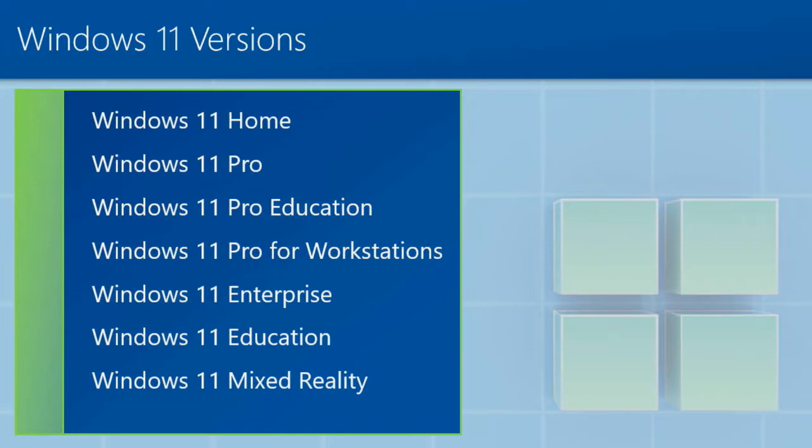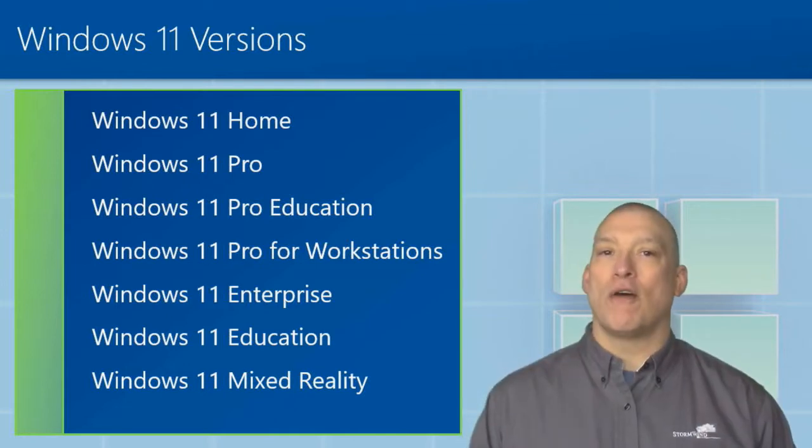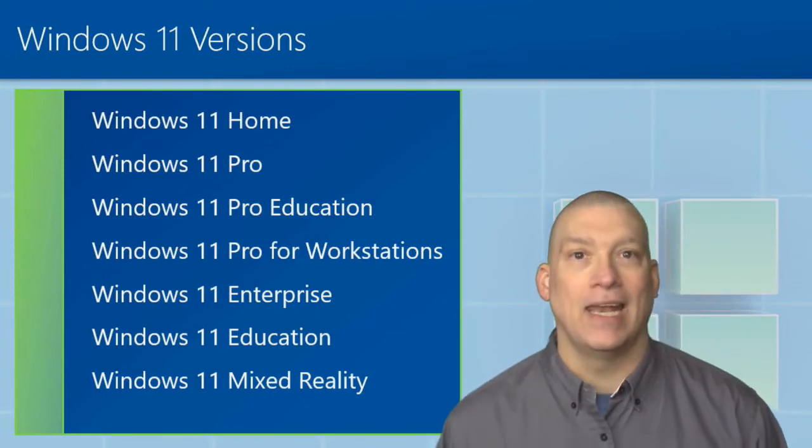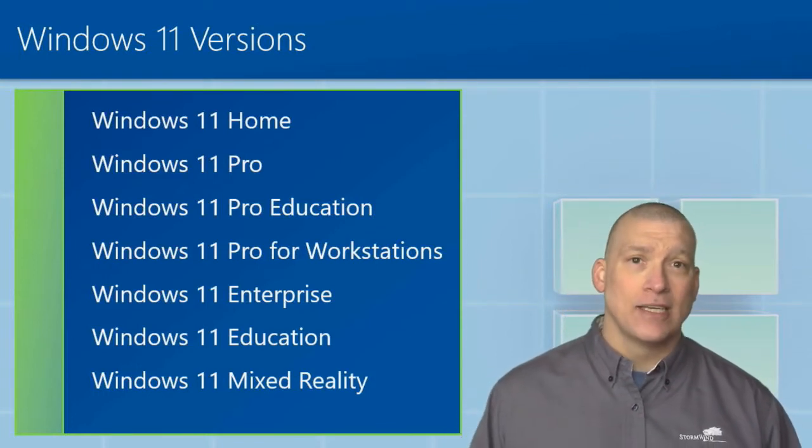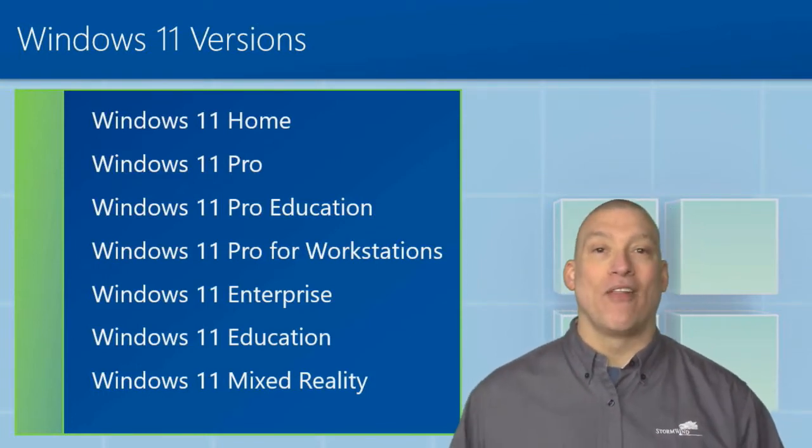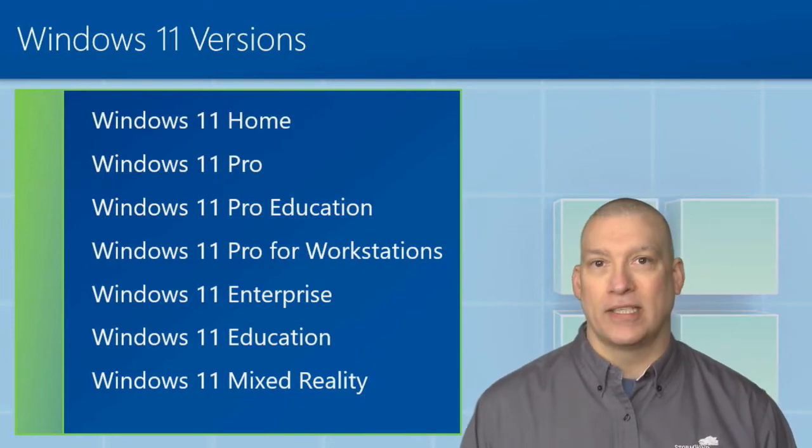Now, originally, when Microsoft first put out the notification that they were going to be releasing a brand new version of the client, Windows 11, this took a lot of us by surprise. Because if anybody remembers, when Microsoft put out Windows 10, they announced that Windows 10 was going to be the last client operating system.